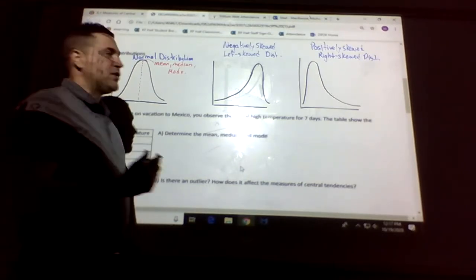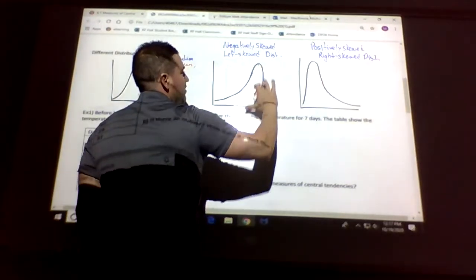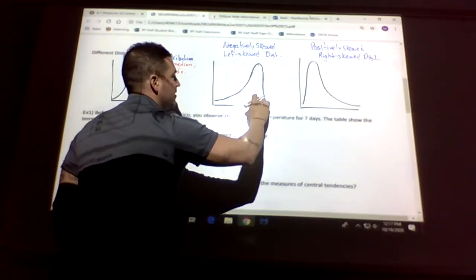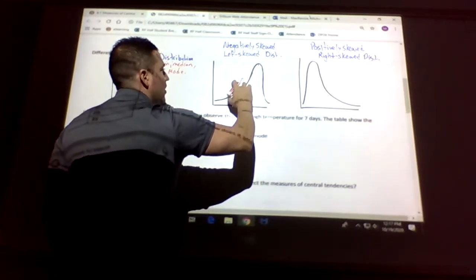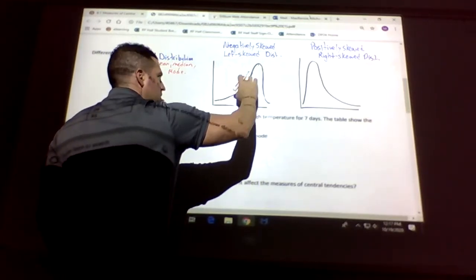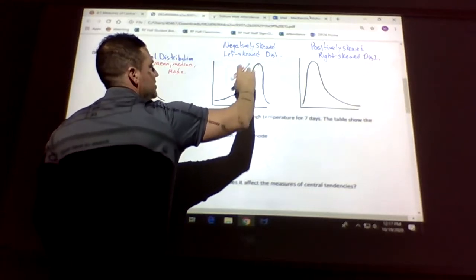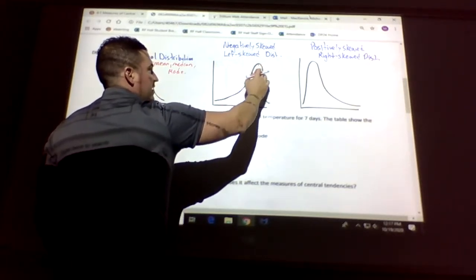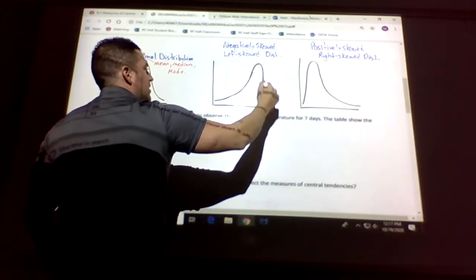So then we have negatively skewed. This is where you have a bunch of entries here. This is, I believe, our marks in our class. Some people are doing lower, like 60s, and then we have a bunch of students here in the 70s, 80s, and a couple of the 90s.